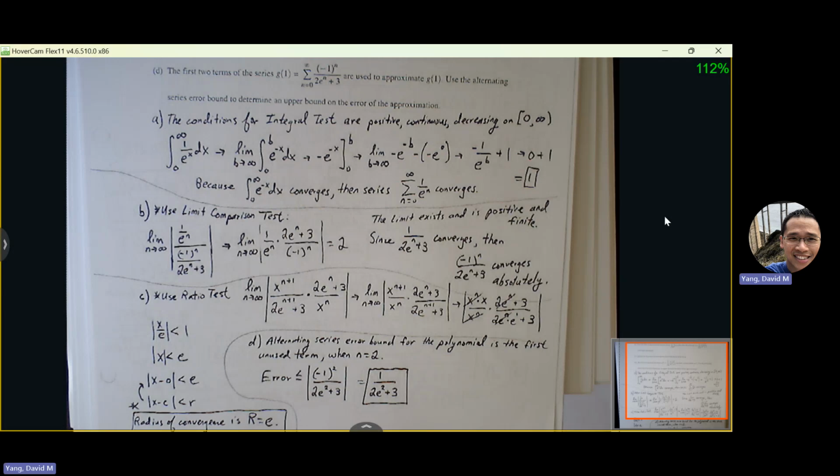Yeah, let me show you what I'm actually doing. I'm still comparing degrees. I just didn't quite show it to that extent. So you have questions about this part, right? What if I wrote it this way? 2e to the n plus 3 over 2e to the n plus 3. So the degree is really e to the n.